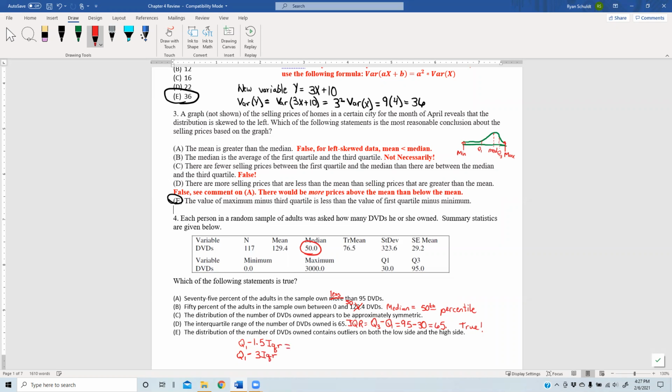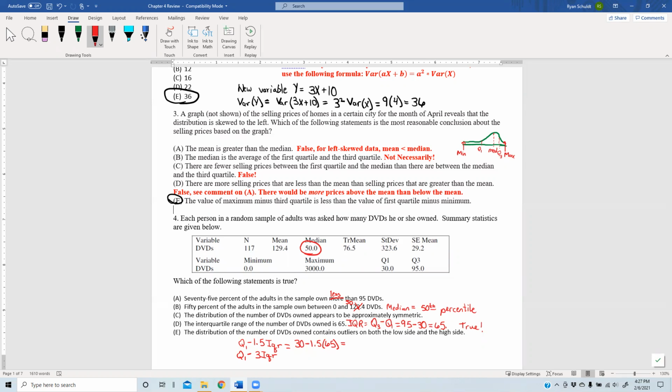Okay. So we said the IQR is 65. So Q1 is 30 minus 1.5 times 65. Remember, this value that we're getting right here would be the very first outlier. If it's smaller than this number, then it's an outlier.